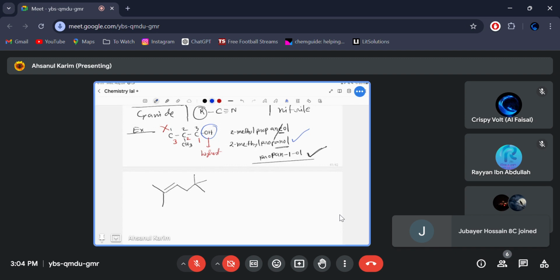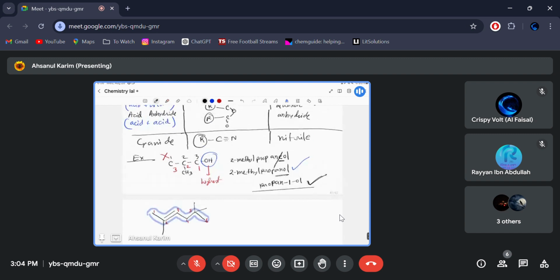Okay, then I will tell the name. First of all, look for the biggest carbon chain. This is the biggest carbon chain, this one. How many carbons? 1 2 3 4 5 6, done. Now look for the prefixes.